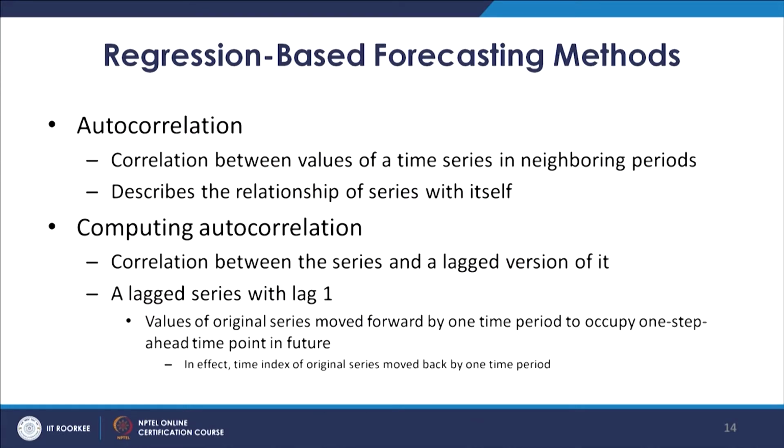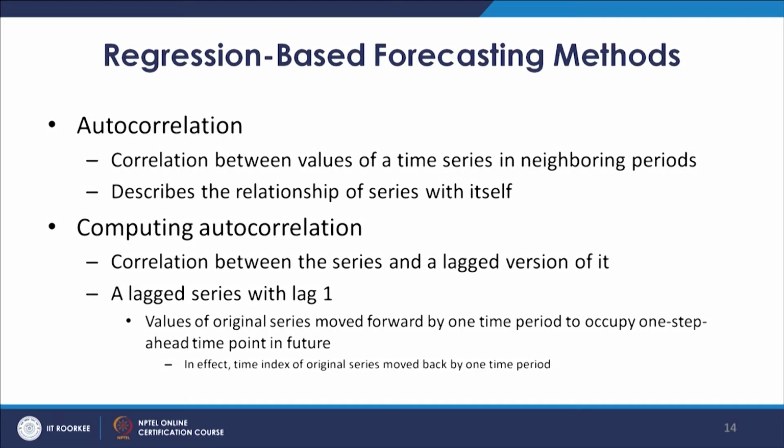A lagged series with lag 1 has the values of the original series moved forward by one time period to occupy the one-step-ahead time point in the future. If this is done, what we get is a lagged series with lag 1.